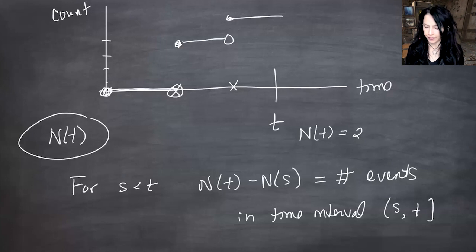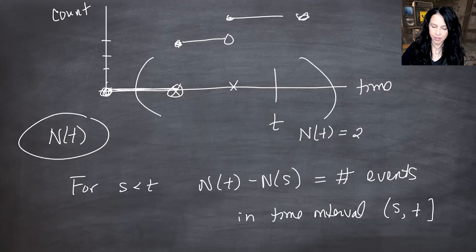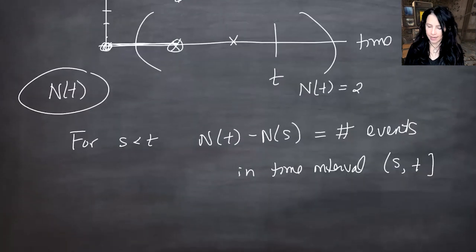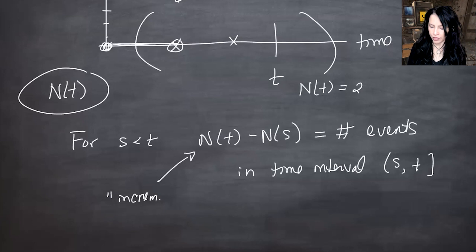So yeah, if you look at some interval and you look at the value of the process here and subtract, then you'll get the number of times it jumped. That is an increment of the process. We're going to start using phrases like stationary increments.